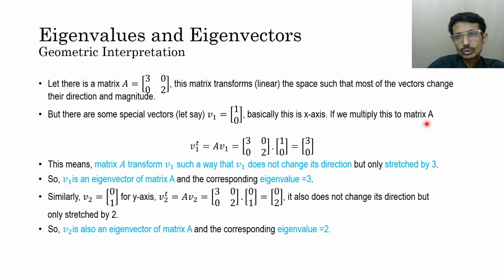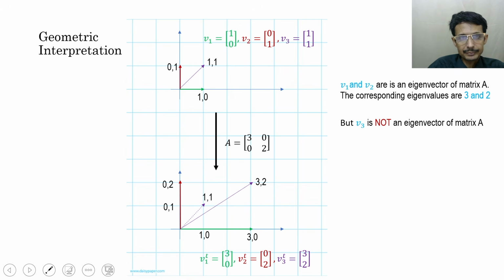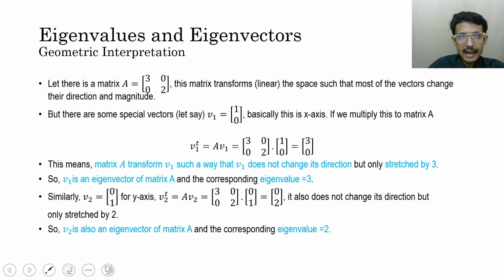If we multiply this by the matrix A, we get (3, 0). So V1 is not changing direction. If you see the figure here, this (1, 0) is transformed to V1 transformed, with the direction intact.